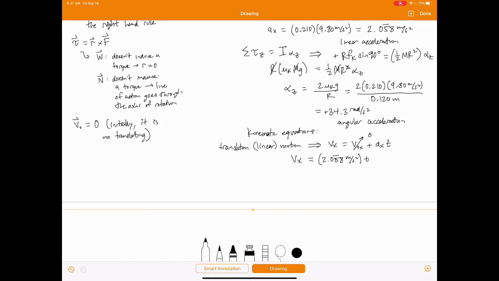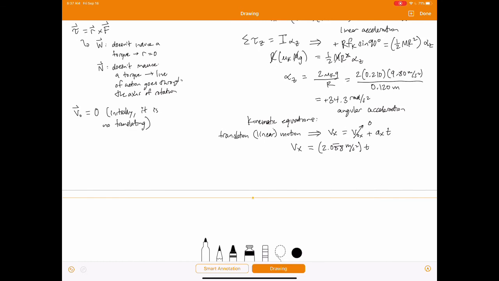Okay. Now, as far as the rotational motion, or the angular motion, we have a different kind of kinematic equation, which says omega equals omega naught plus alpha t.